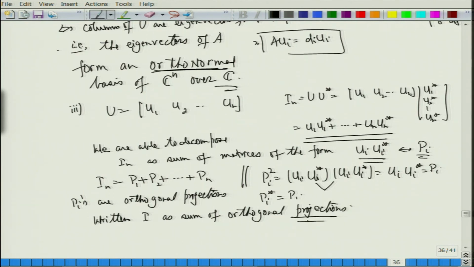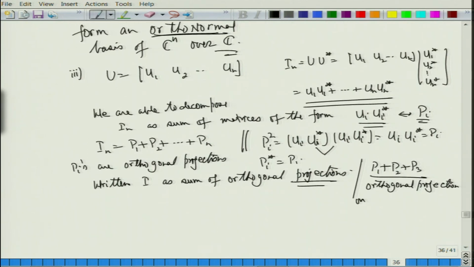Each of them will have rank 1. So each Pi will have rank 1. If I just want to look at, say, P1 plus P2 plus P3, this is also an orthogonal projector, an orthogonal projection on the subspace linear span of U1, U2, U3. Fine. Its rank will be 3 because they are orthogonal and they are linearly independent and so on. Fine. So I have got In like this.